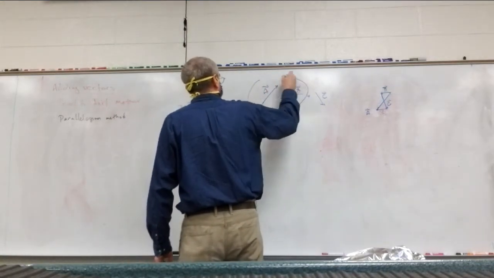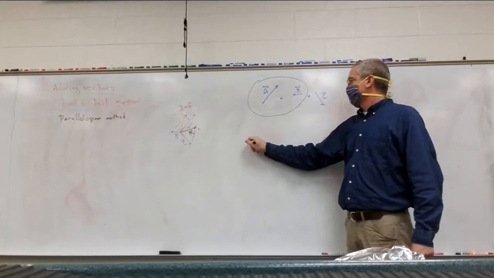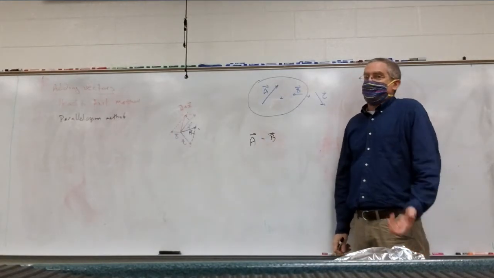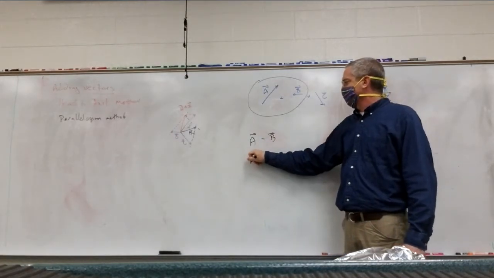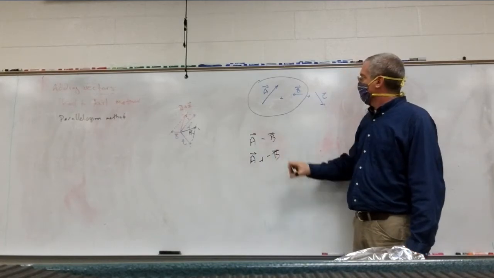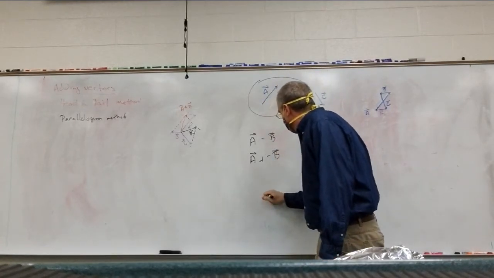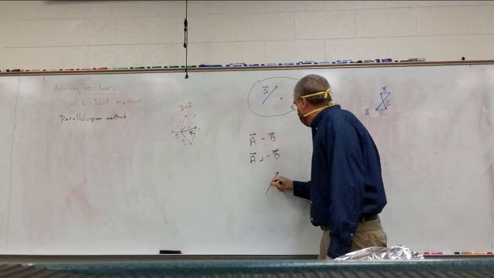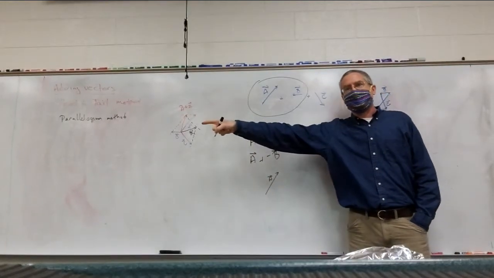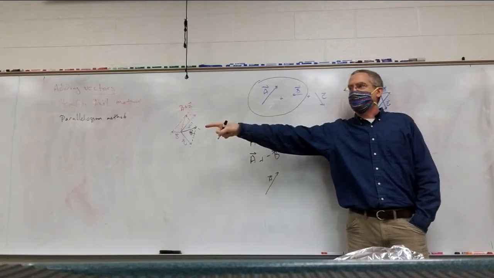Let's just do A minus B here. We know what A plus B looks like, but A minus B? Well, subtracting is the same as adding the negative. I think we did one case like that last time. So A, there's my A plus negative B. Well, B is going that way, so which way is negative B going? Let's see, one thumb pointing in the right direction, two thumbs.